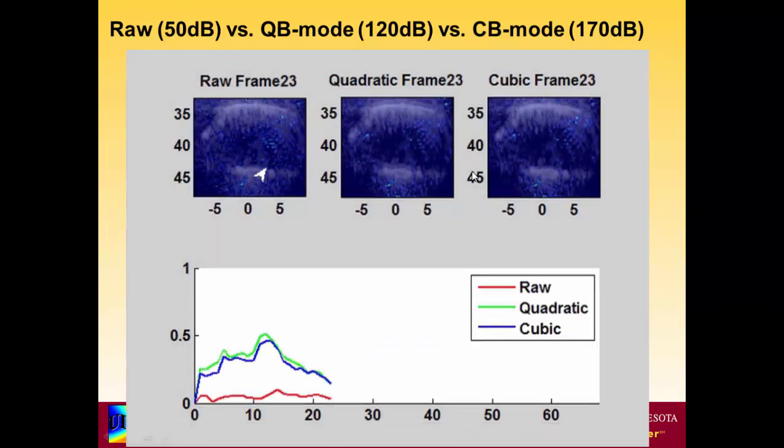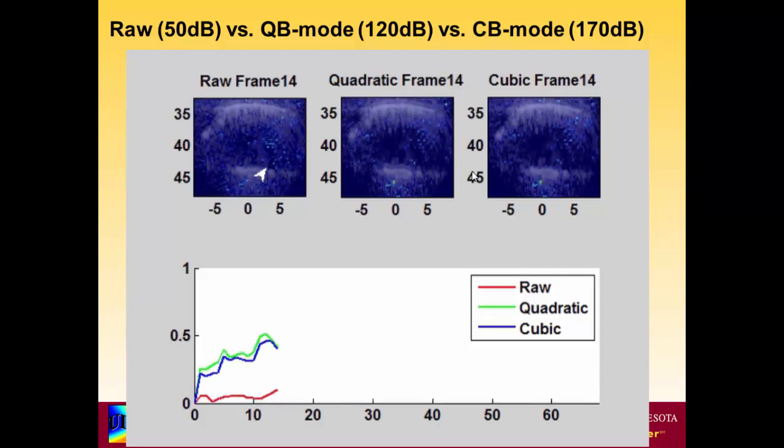To get a better sense of the two different nonlinear components, and also to compare the Volterra components with the raw data, here we plot them side by side. As you can see, linear and quadratic are consistent, and the image is cleaner than the raw data result.